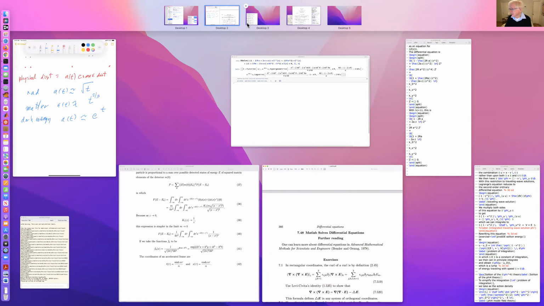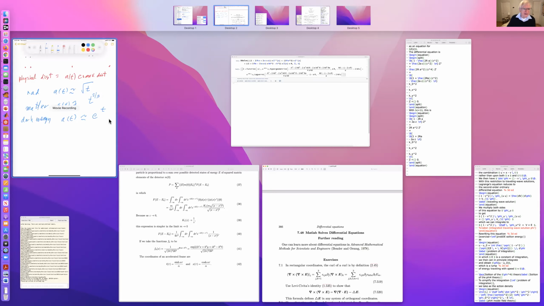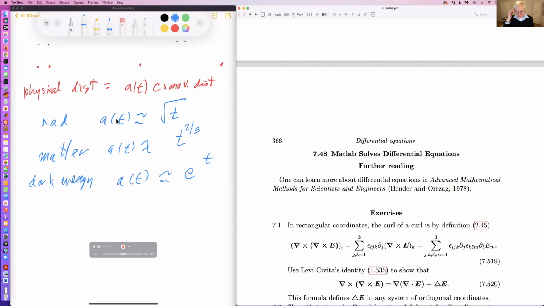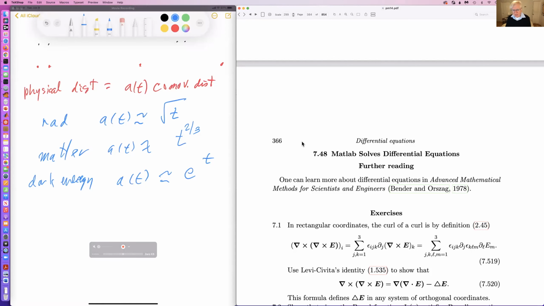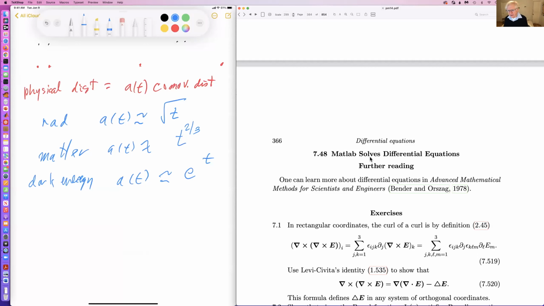No, I don't have MATLAB running now on this topic. I tell you what, tomorrow in the problem session of 468, I will expand a bit on MATLAB solving differential equations.